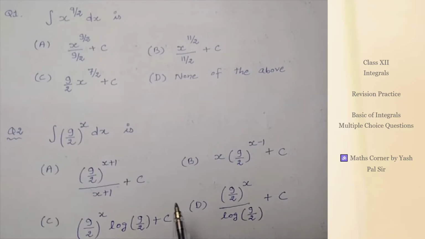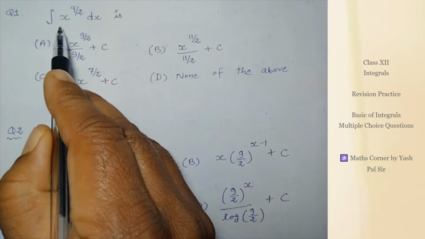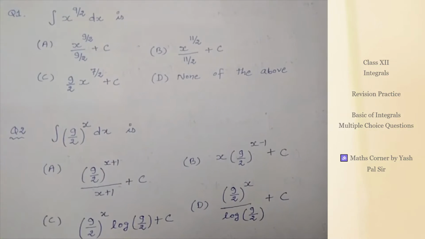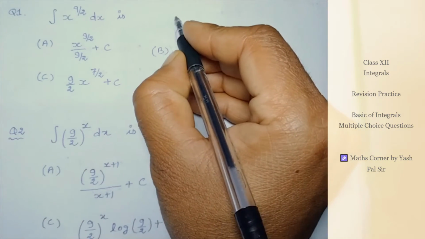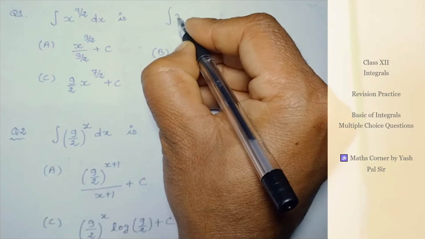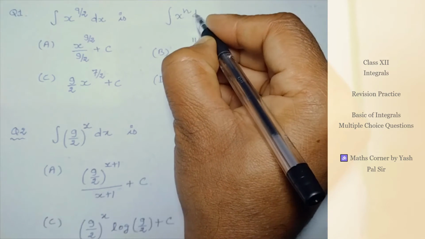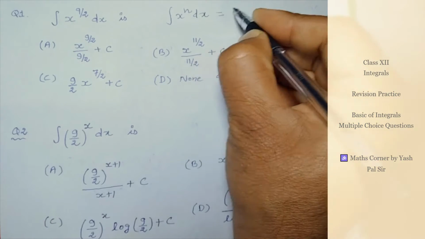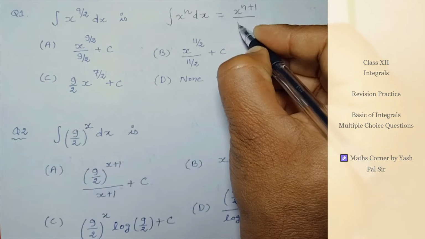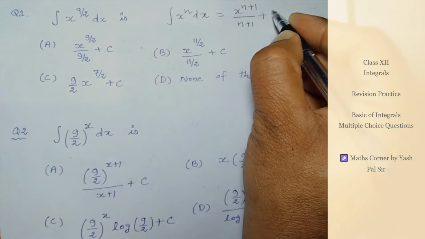Today we shall discuss the very first question, integration of x raised to power 9 upon 2 dx. We can correlate this question with the formula: integration of x raised to power n dx is equal to x power n plus 1 divided by n plus 1, plus c.